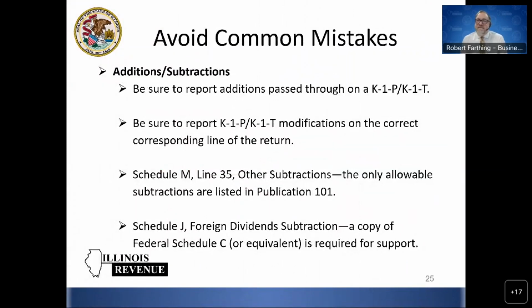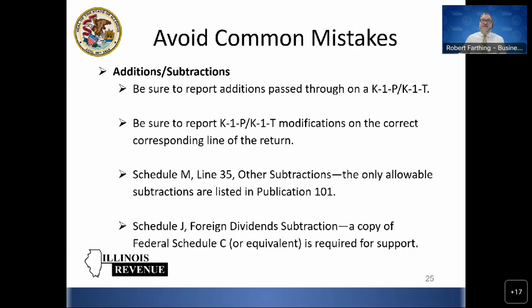We also often see common mistakes made on the additions and subtractions sections of the return. For example, if you have an addition that's on a K1P or a K1T, that must be brought over to the main return as an addition. Also, when you're reporting an addition or a subtraction from a K1P or a K1T, be sure that it is being reported on the correct line of the schedule or the return where it should be reported.